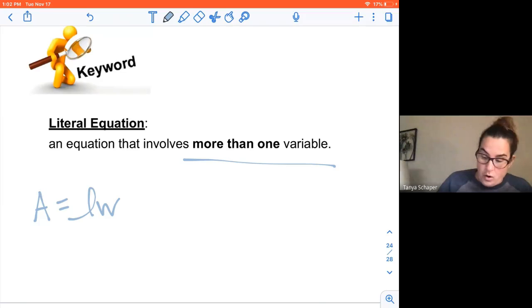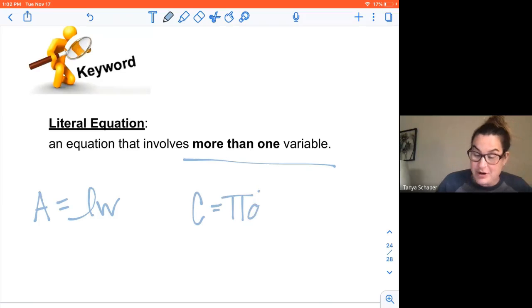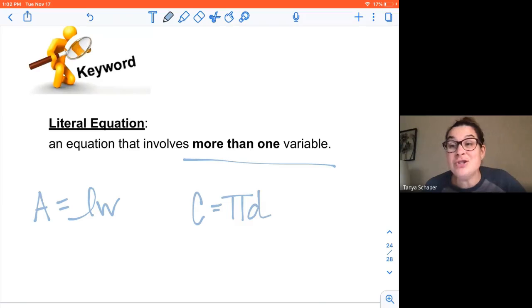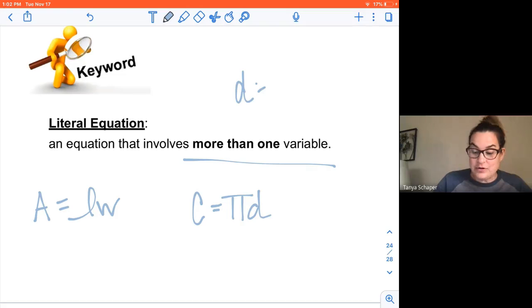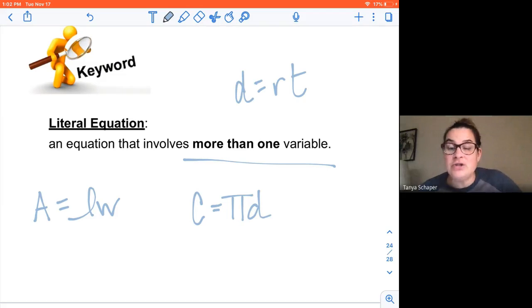Or circumference is equal to pi times diameter. That's a literal equation because it has more than one variable. Or how about distance equals rate times time? That's a literal equation.